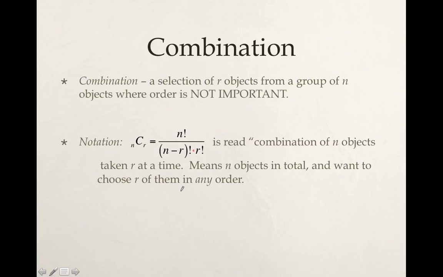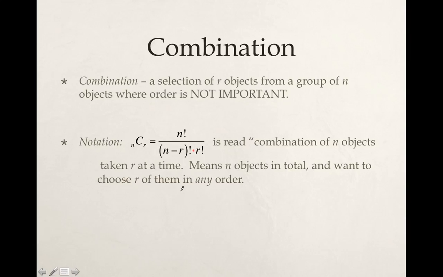So in permutations, the order would matter. Therefore, even though it's the same three people, they would count as different results depending on that order, and so we would end up with more possibilities.